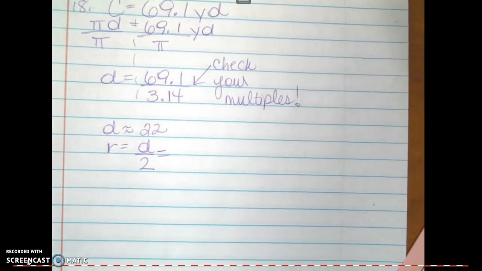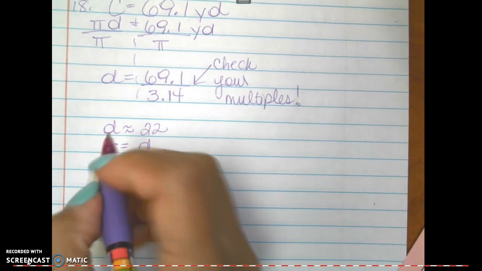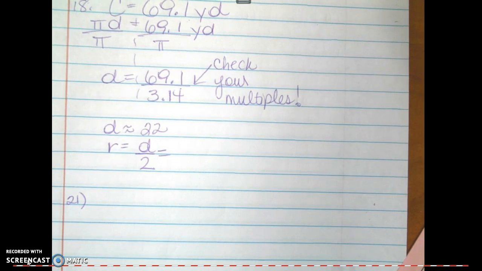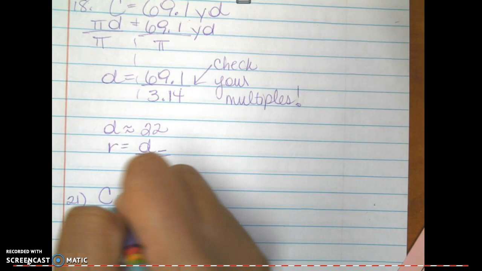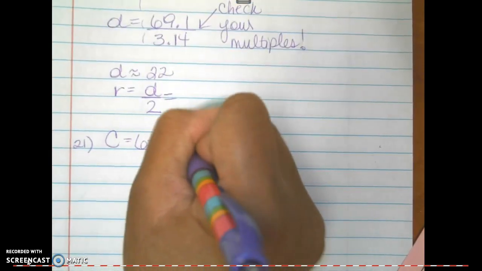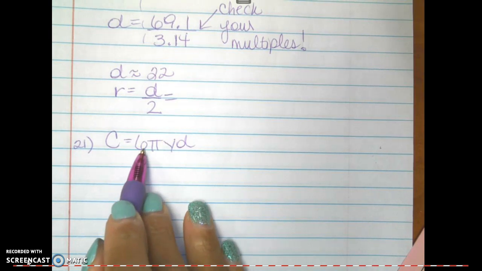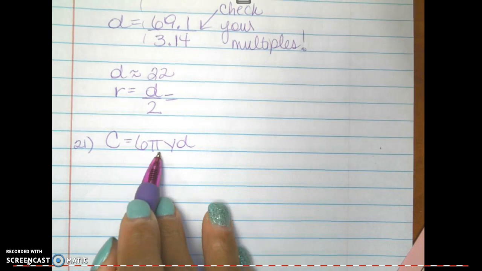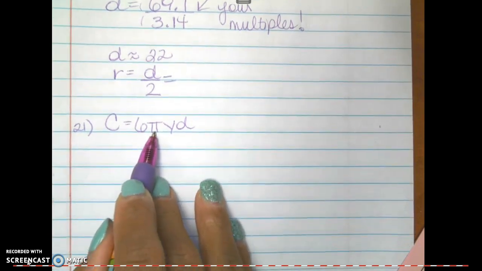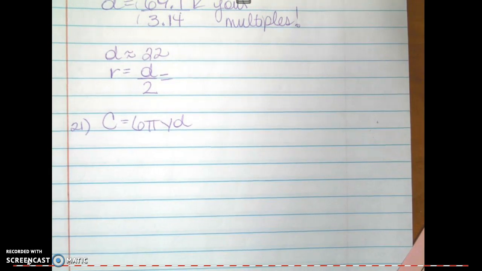Also, for questions 21 and 22, it says to find the area with the given circumference. So you're given a circumference which is 6 pi yards. That means they've taken the 2 and the pi and the r and multiplied them all together. Pi is still pi. Sometimes you will see it as a symbol, sometimes you will see it as 3.14.